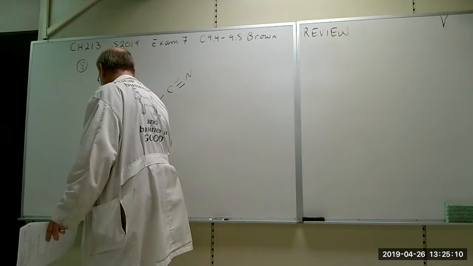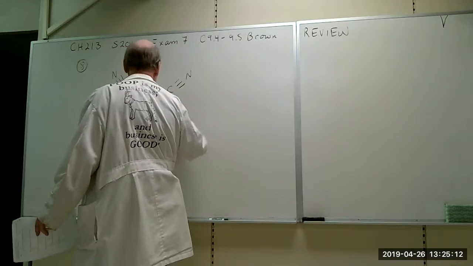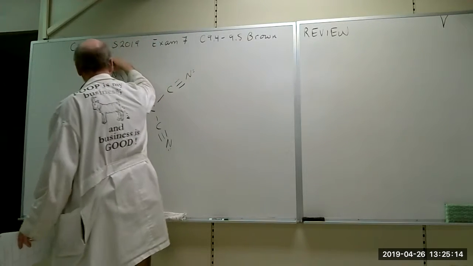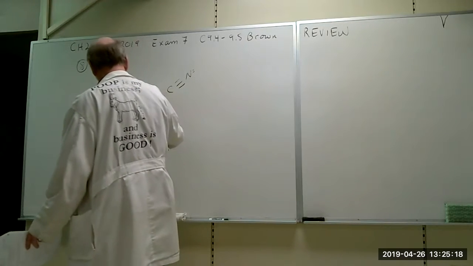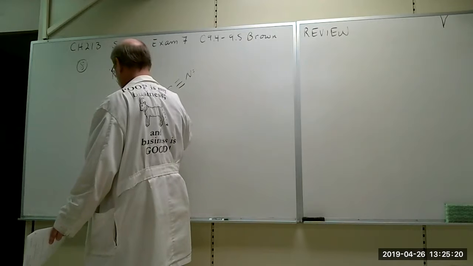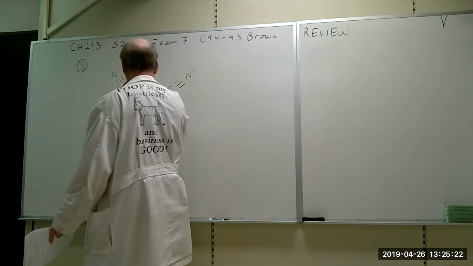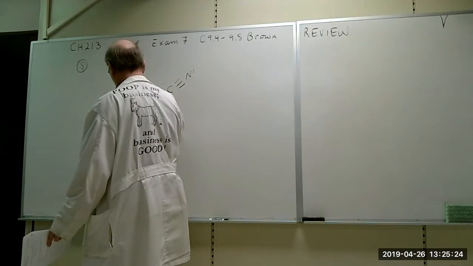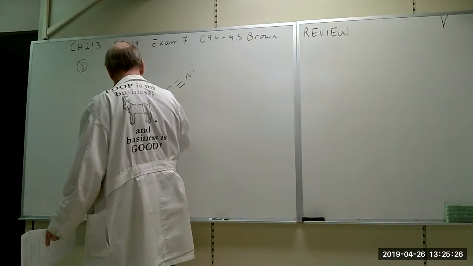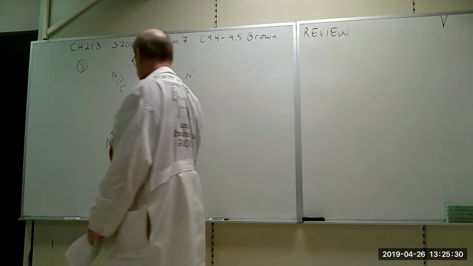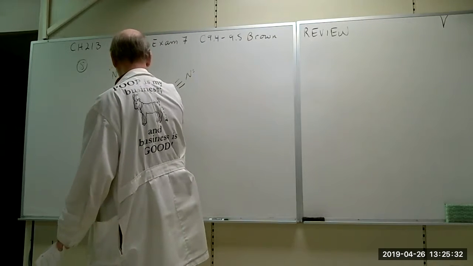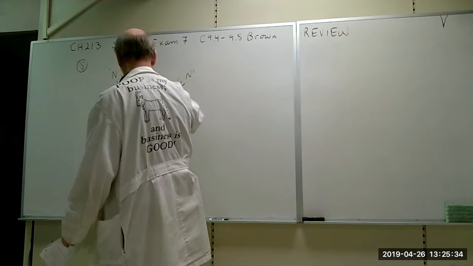This one's going to have lone pairs out here where it's octet. And then there are no hydrogens in here. Right? This is everything. So in order to have an octet for these 2 carbons, the best way to do it is to put a double bond in the middle. Then you got 8, 8, 8, 8, 8, 8.